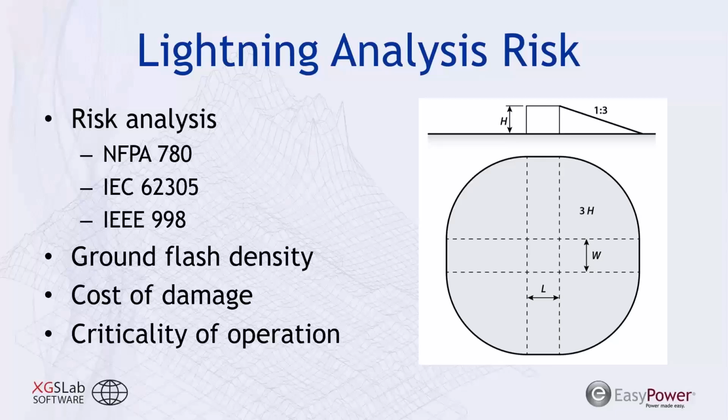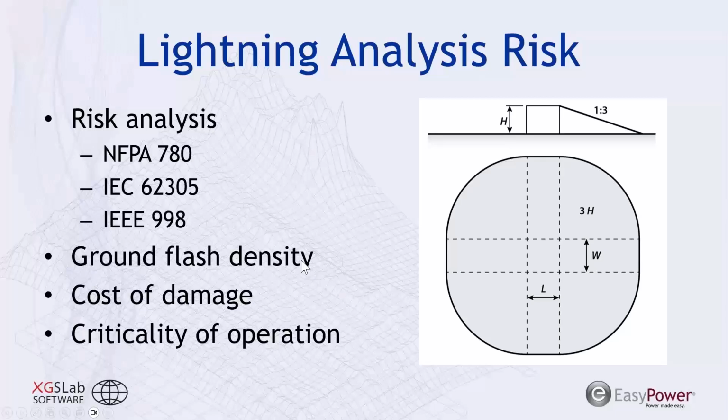We have an area that our structure is located within, and then some distance away from that structure, we can associate that with a possibility that a lightning event within this area can affect our system. So we will calculate a given area associated with our infrastructure that we want to protect, typically based off of the height of that object and some calculation of a distance off of that height.